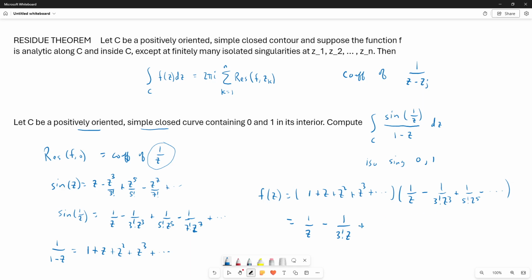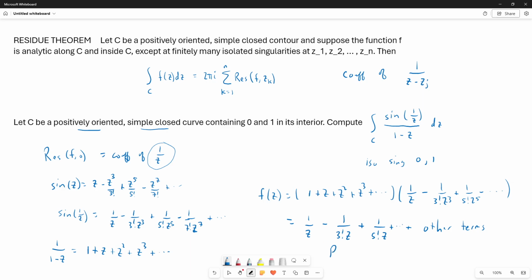So we're going to get a plus 1 over 5 factorial times 1 over z. And then there's the other terms, and this is going to continue forever. The next one's going to be a minus, plus other terms that don't have a z on the bottom. They'll either have z to higher powers on the bottom, or the z's will be on the top.